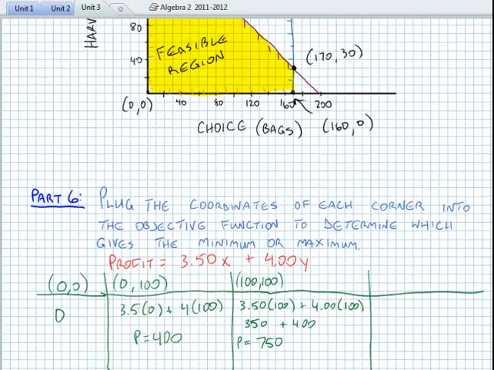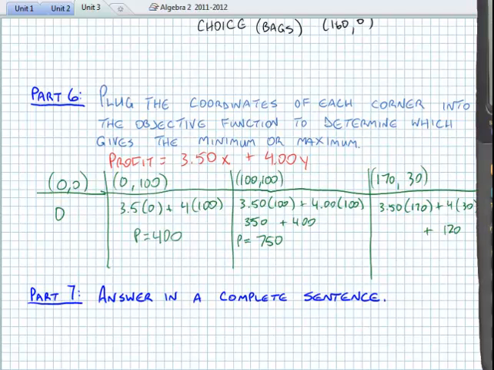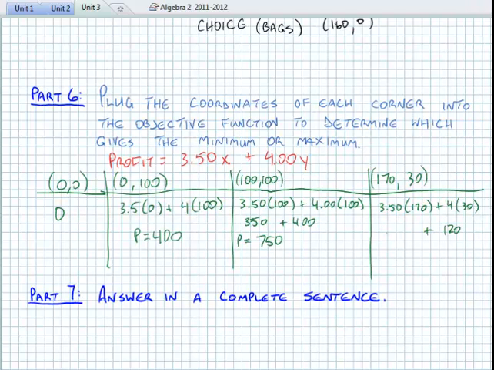Next point is going to be 170, 30. So that means we have $3.50 times 170 plus $4 times 30. I know this will be 120, and let's see. This turns out to be $595. When we add those, we're going to get $715 for our profits. So still, this one appears to be the winner.